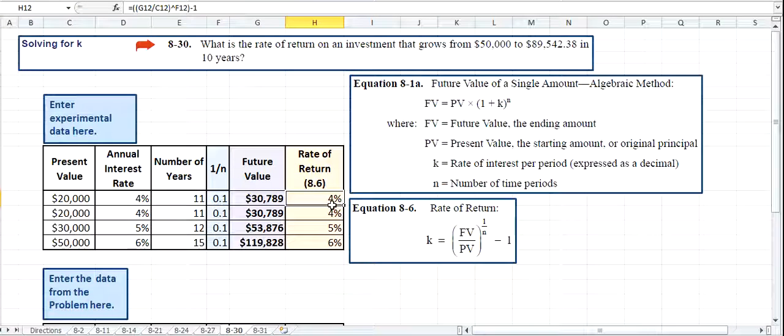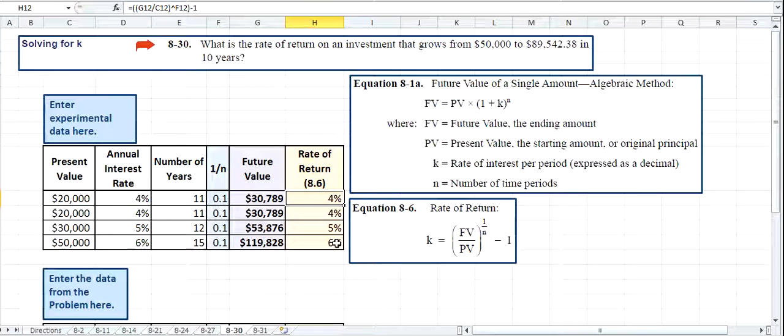So once you get to the right number here, then this formula over here is embedded, and you see up here in these peach colored cells right here.